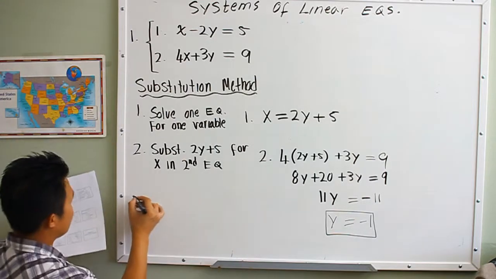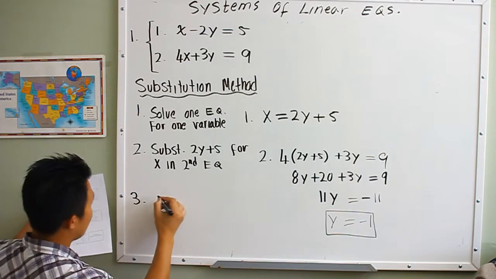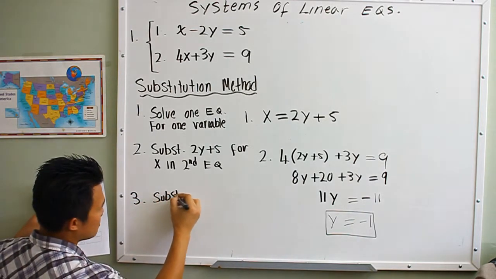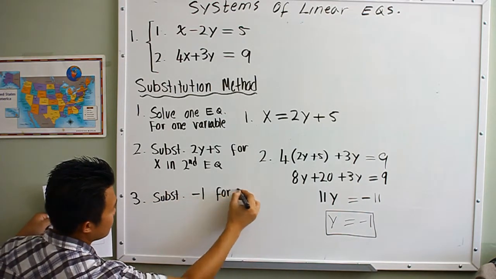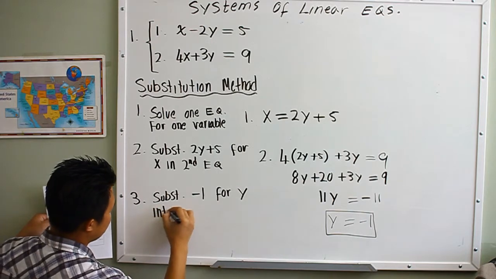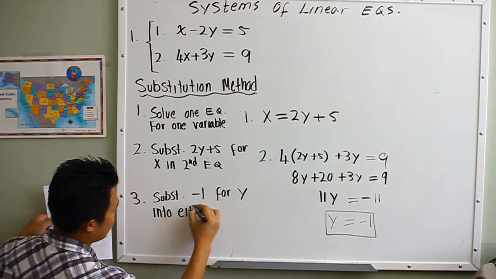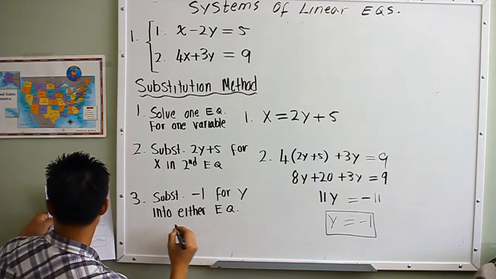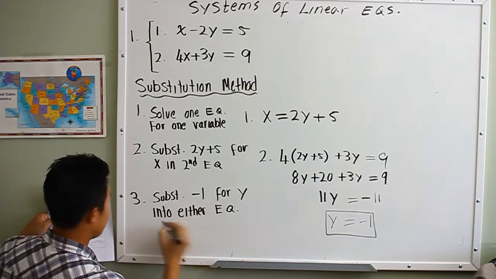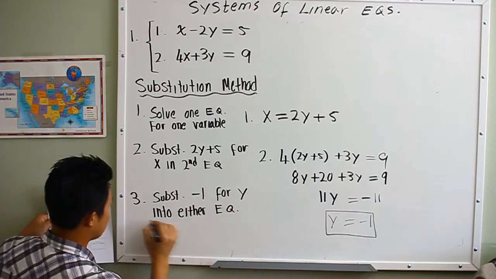So the next step is to substitute negative 1 for y into either equation and solve to find x.